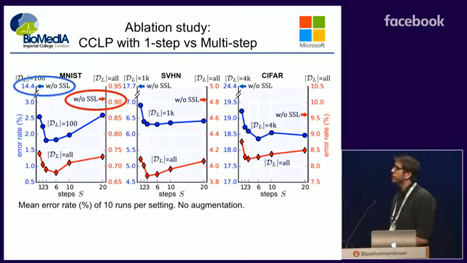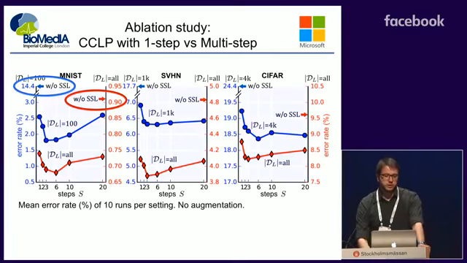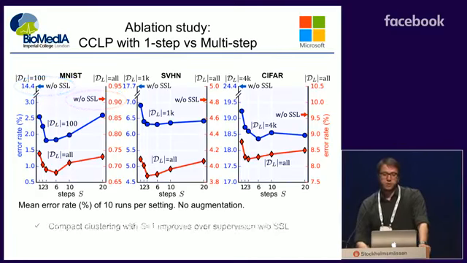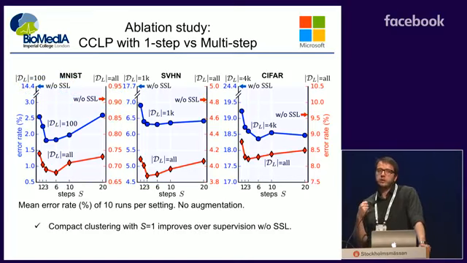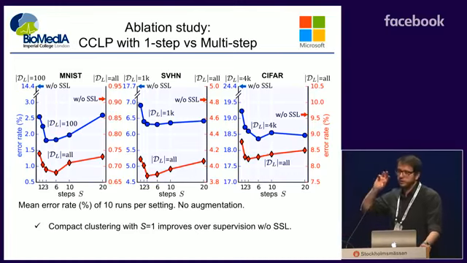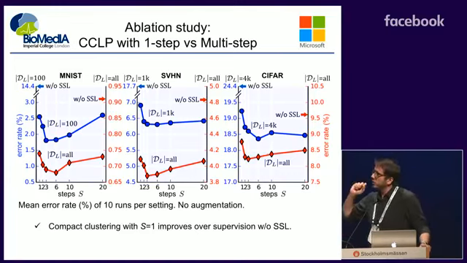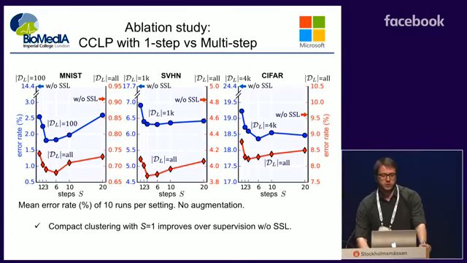What I also show you here is the performance when we are not using semi-supervised learning and are just fully supervised on these settings. And what we see is that in all settings, even when we are just optimizing with only one-step transitions, so we don't care about preserving the structure, and all we care about is just enforcing compact clustering, we already get very big gains in comparison to no SSL, which supports the value of compact clustering as a regularizer.